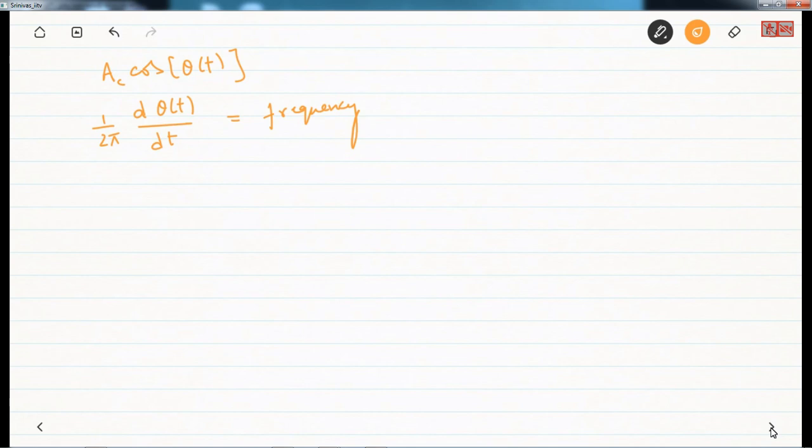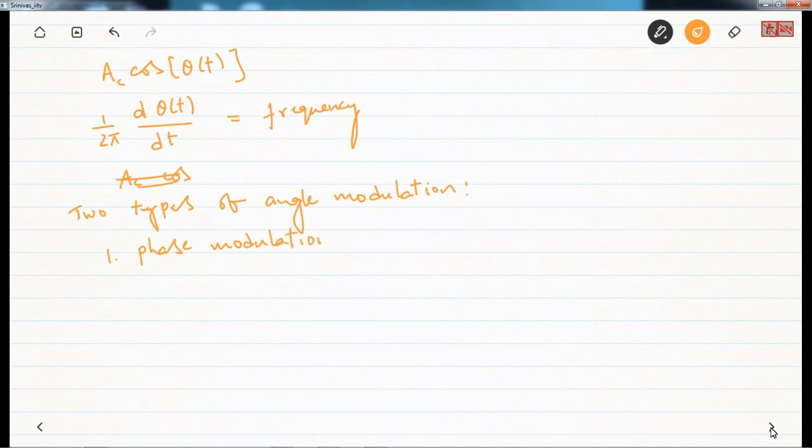So two types of angle modulation that we discuss in our course: one is phase modulation, and the other is frequency modulation.